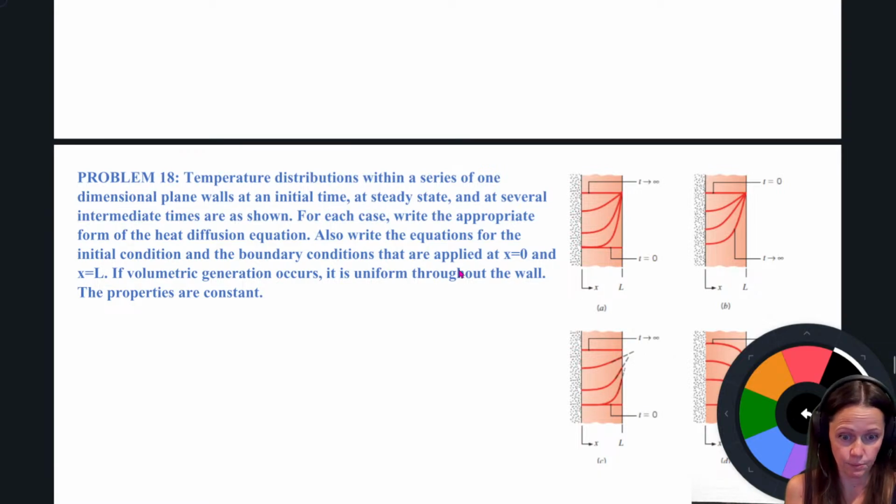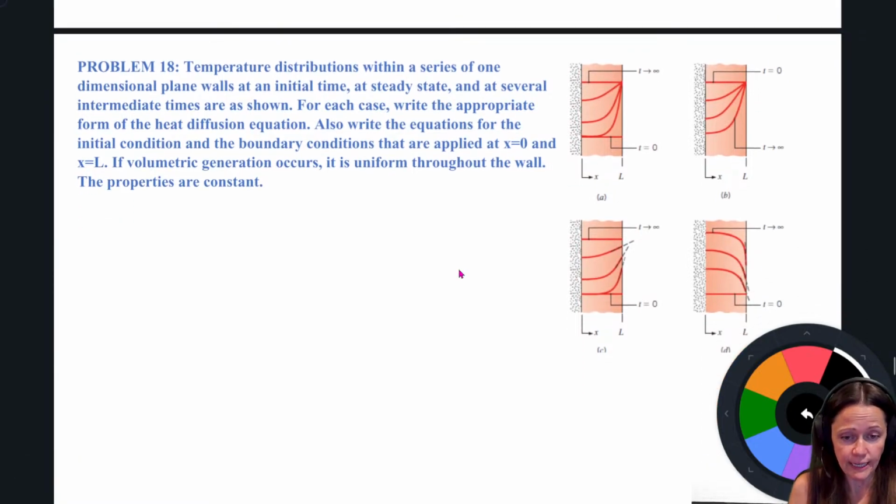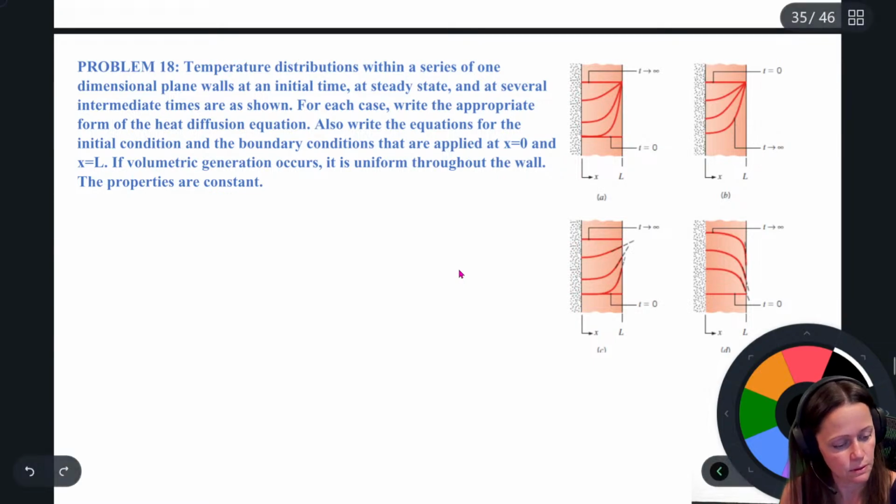So we're going to analyze each one of these cases, but in general, I'm going to apply my heat generation equation.